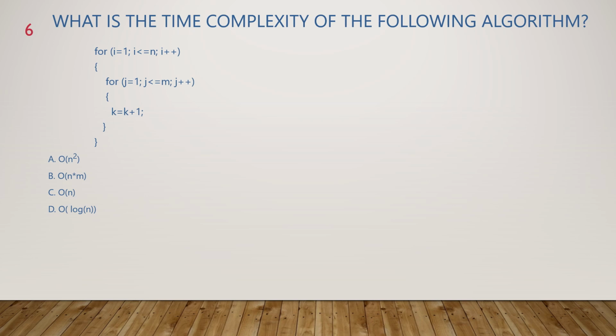This is similar to the above, but the difference is that the outer loop i is less than or equal to n, while the inner loop j is less than or equal to m. Only this is the difference.